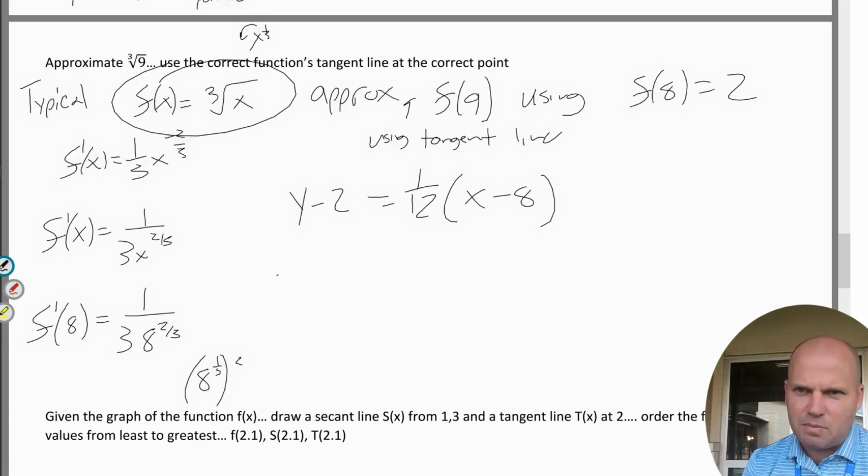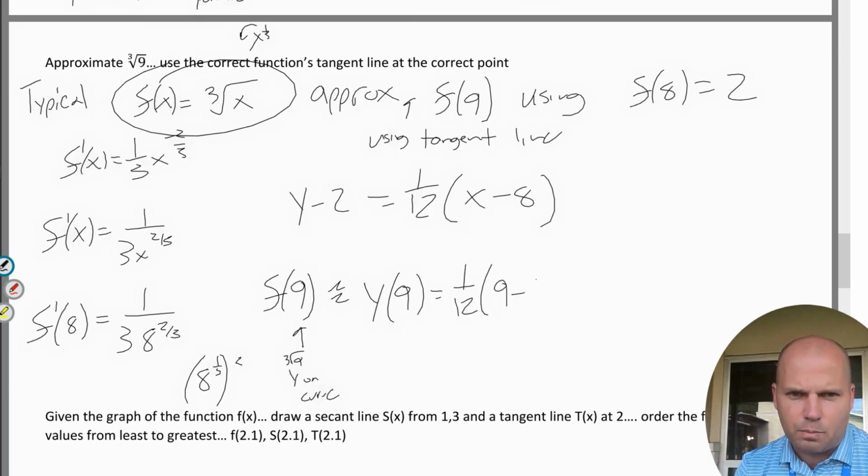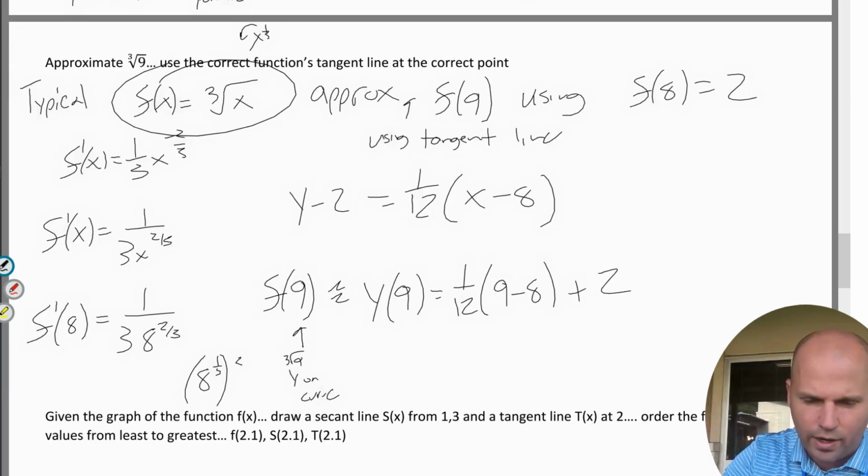I want to approximate the cubed root of 9, which is f of 9. This y value, the cubed root of 9, the y value on the curve, will be approximately the y value on the line with 9 plugged in. X equals 9. And if you guys are just copying it down, you're going to mess up on something like that because you're going to plug in cubed root 9 somewhere. But you don't want to.